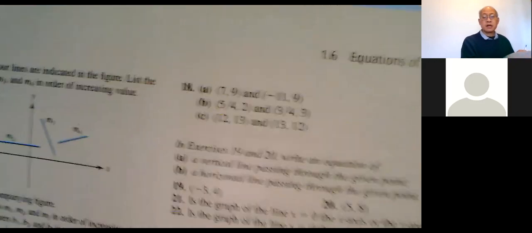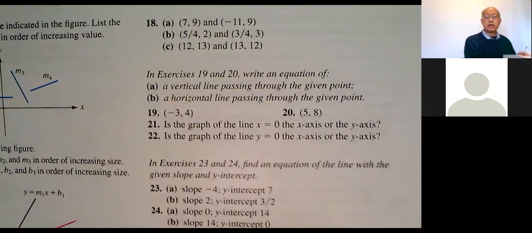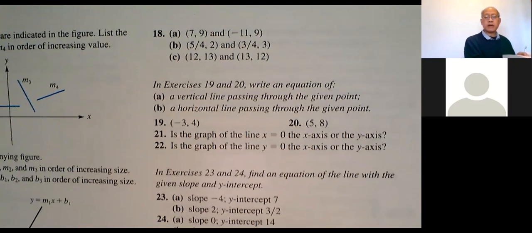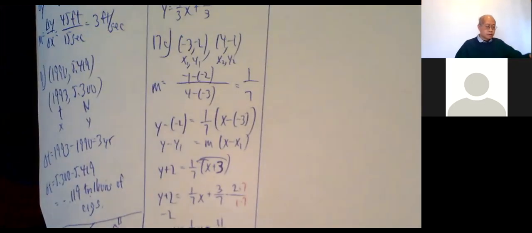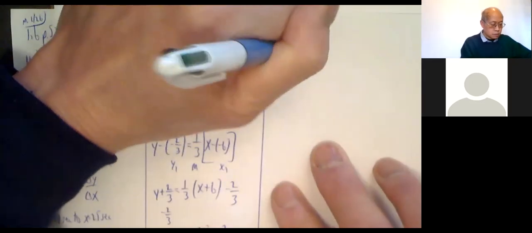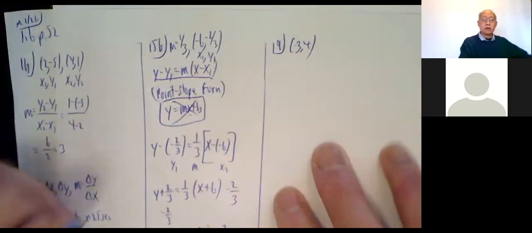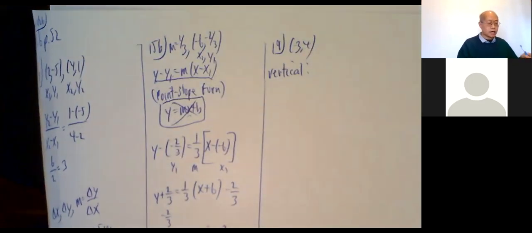Number 19, pretty straightforward. Write the equation of the vertical line and the horizontal line passing through the given point -3, 4. So vertical line is just x equals a constant.